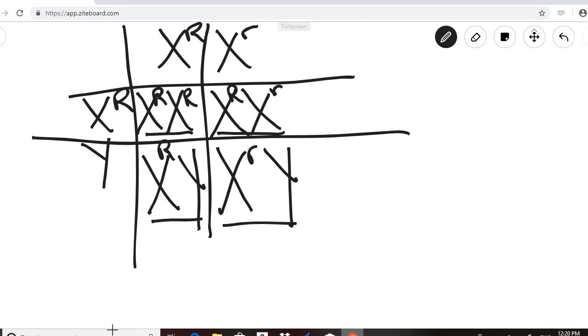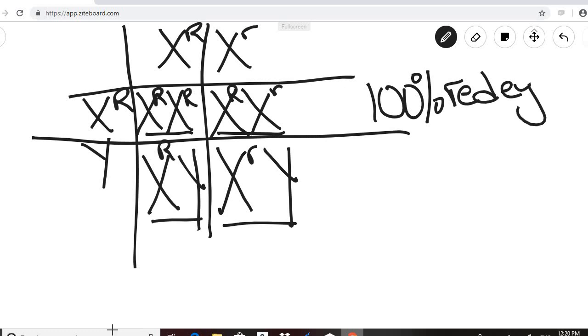Okay, so if we look at the females, this upper layer, 100% of the females have red eyes. These are red-eyed because they each have at least one of the dominant allele.